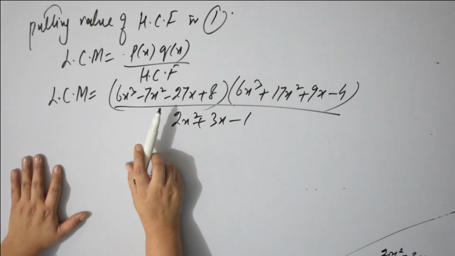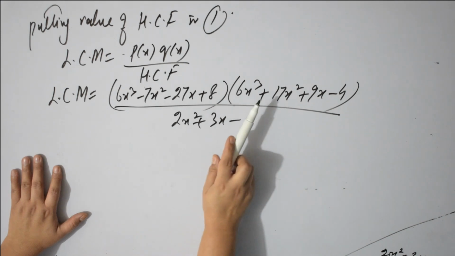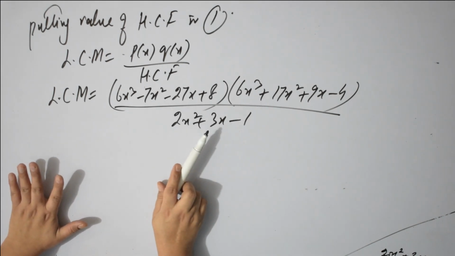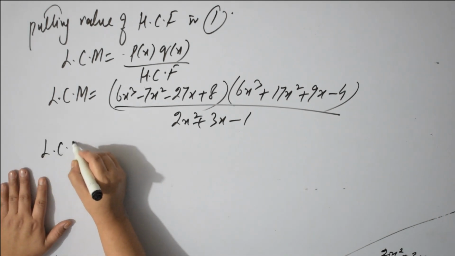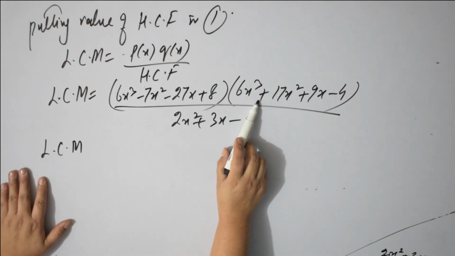Now it's up to you. You divide this polynomial by this divisor or divide this polynomial by this divisor. The answer will be the same. There will be no change in the answer if you make this a dividend or this a dividend.